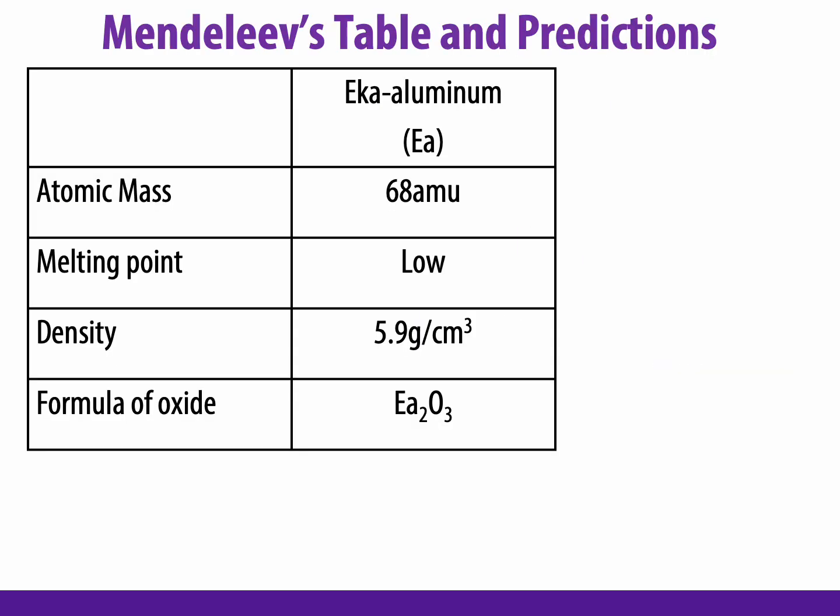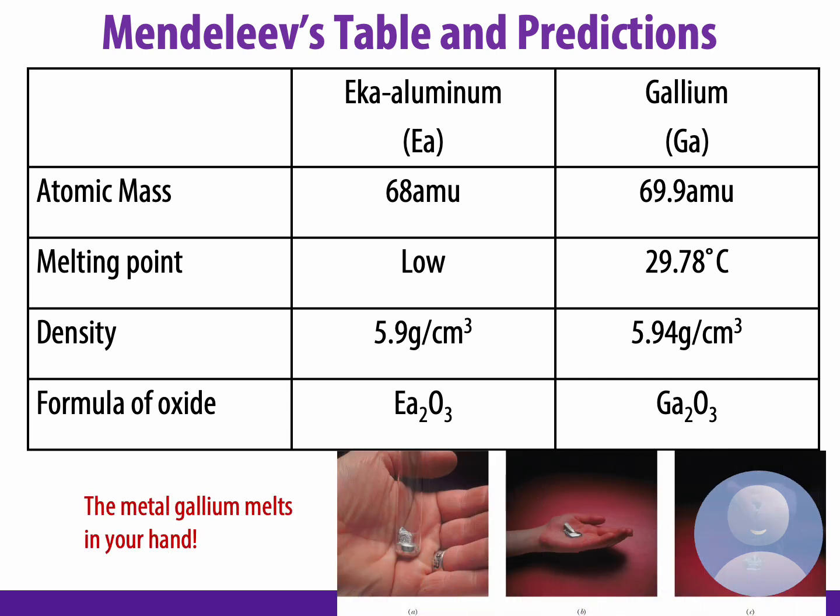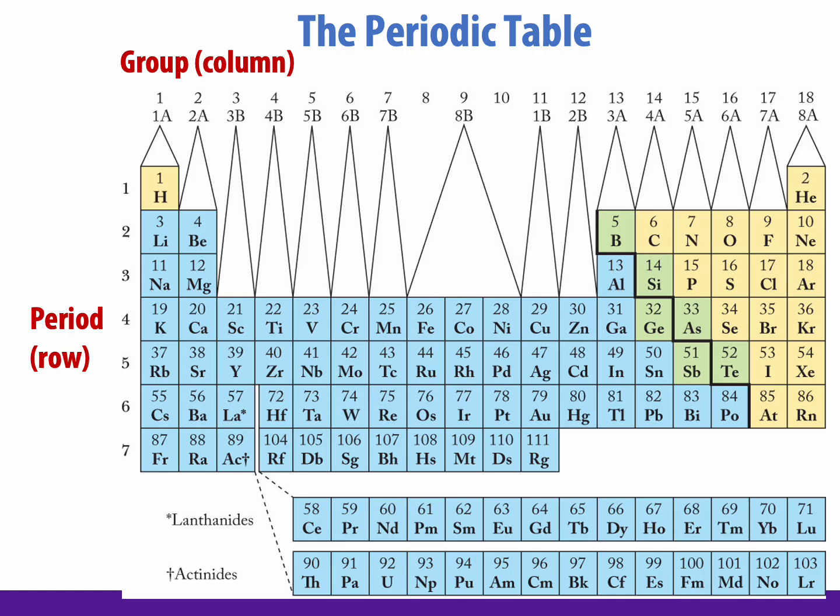Mendeleev predicted this eka-aluminum, basically a new element similar to aluminum, with these properties, and just a few years later the metal gallium was discovered, which had properties matching his prediction, so nice evidence for the periodic table.